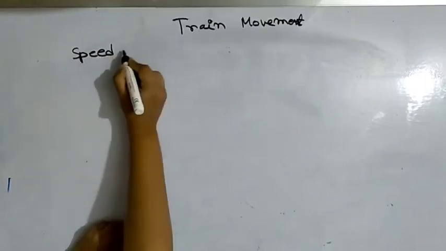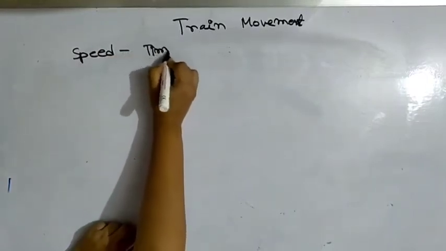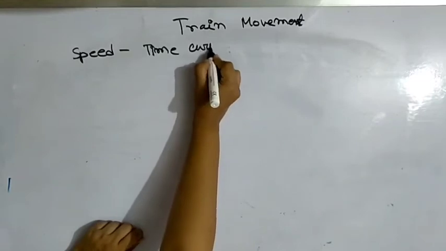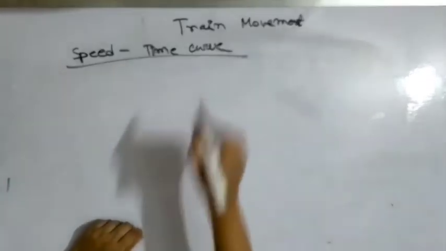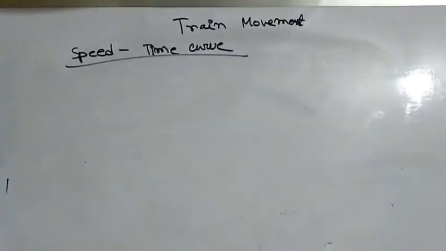Speed time curve. We discuss how a train is to be run between two stations most optimally as far as possible. For this, it is necessary to know the speed time curves and the resistance to motion of the train, both frictional and windage, and then it is possible to find out what energy must be supplied to the train to perform a particular job.